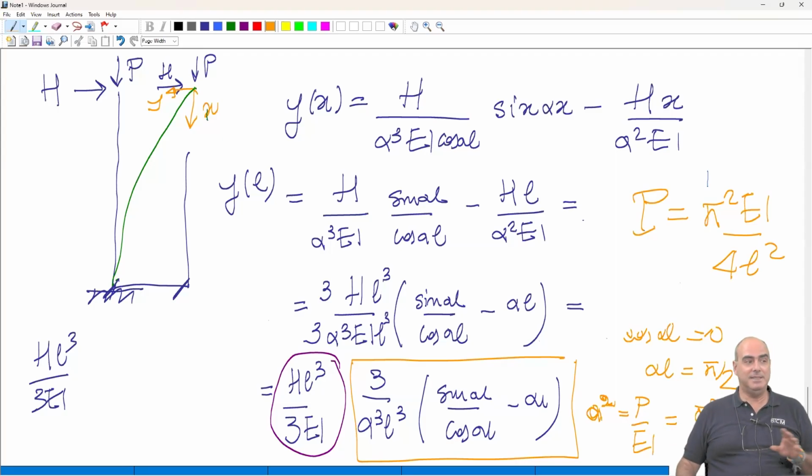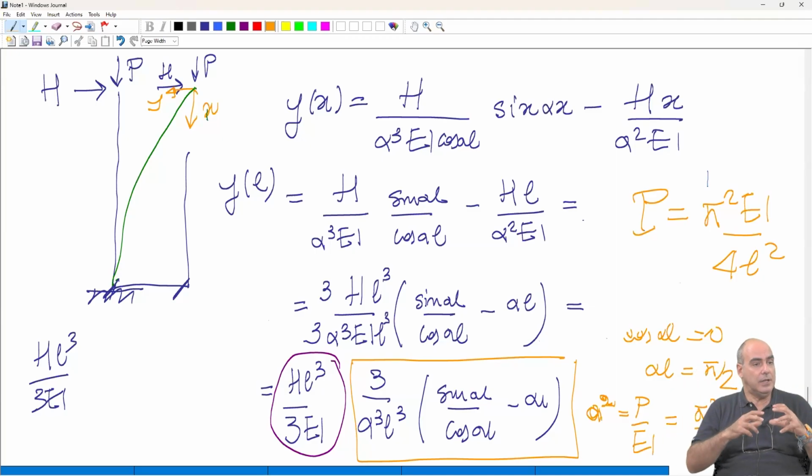Well, in reality, you know that no material, no structure will be able to cope with an infinite displacement. The other thing is what you will observe. So imagine that you have these forces here. You have applied H. H stays fixed. And P increases.